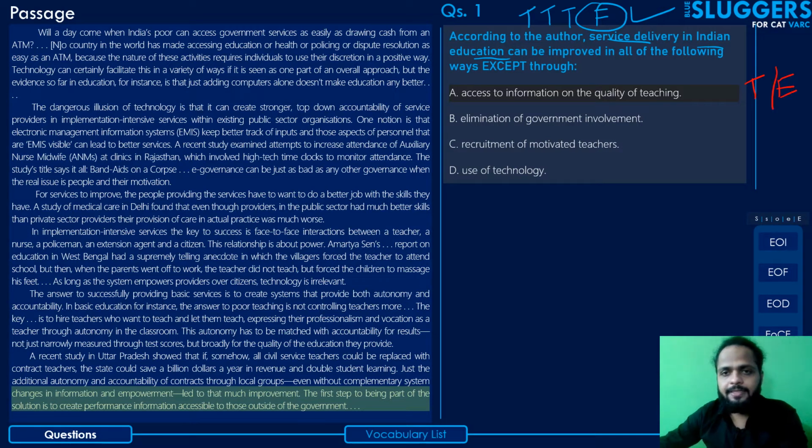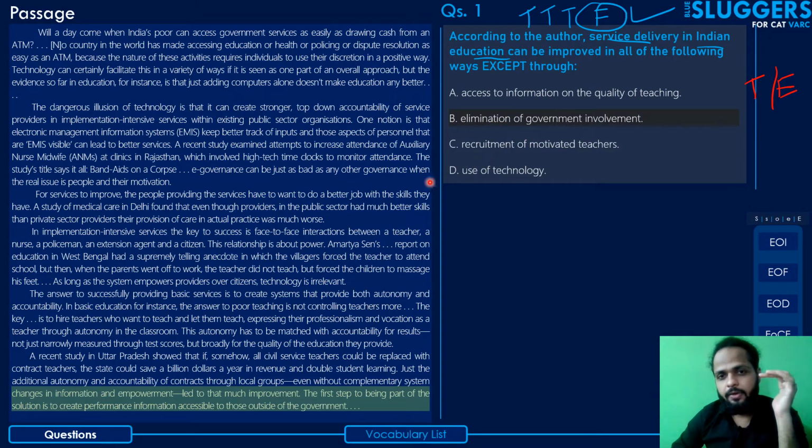Next, option B, elimination of government involvement. The options of this question have been formulated in an extremely nuanced manner, and this is a really good trap.